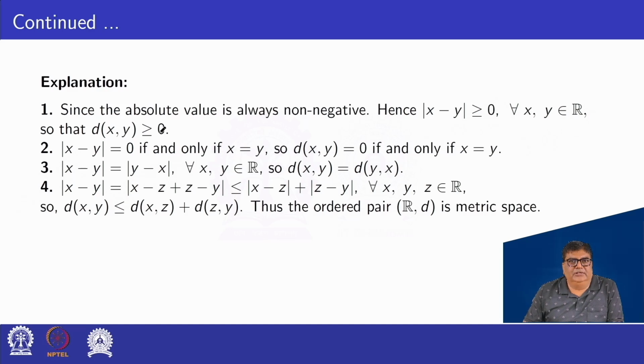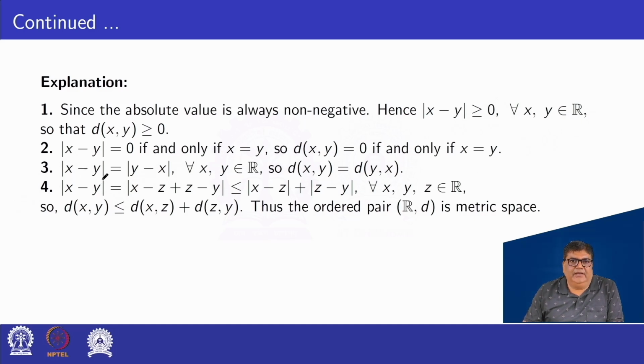Hence, the first condition is satisfied. Second, x − y is equal to 0 if and only if x is equal to y, so it is possible. So d(x,y) is equal to 0 if and only if x is equal to y.